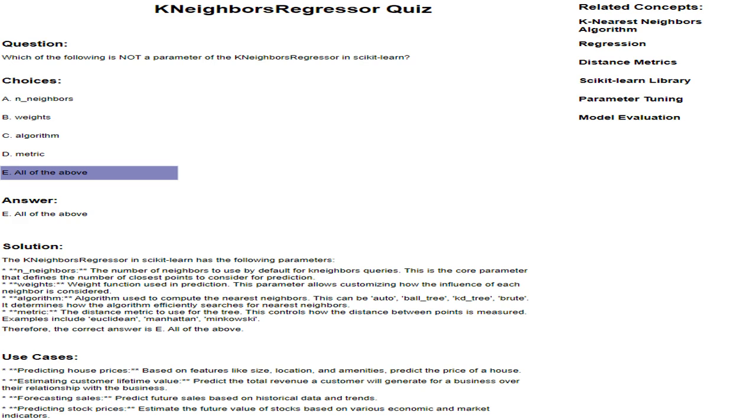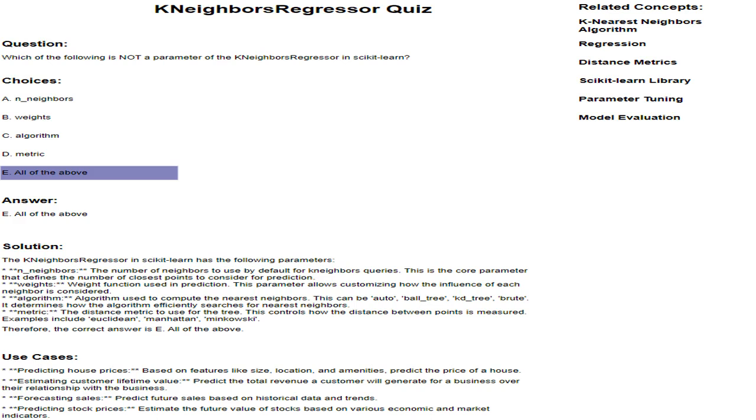Enhancing the generalization ability of a regression model by tuning parameters like a regularization strength or the number of hidden layers in a neural network. Optimizing the performance of a clustering algorithm by adjusting the number of clusters or a distance metric used.